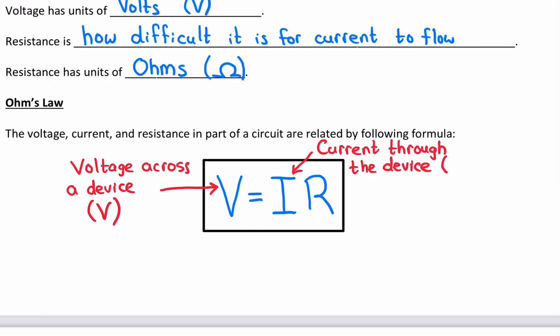And it's going to be measured in amps. And R is the resistance of, or the resistance in the device, and it's going to be measured in ohms.